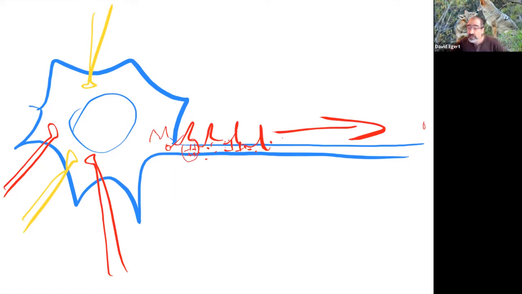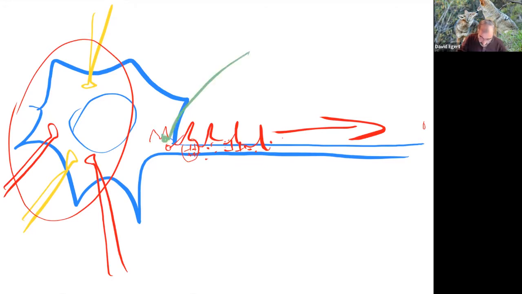A few other things we can talk about here. When we're looking at the graded potentials that are influencing the overall voltage on this neuron, and ultimately, remember the axon hillock is where we are integrating it all. The axon hillock sums all the IPSPs and the EPSPs.